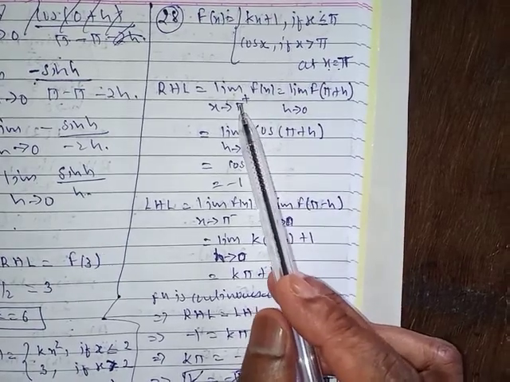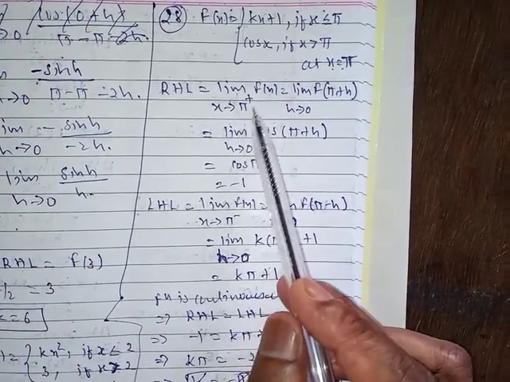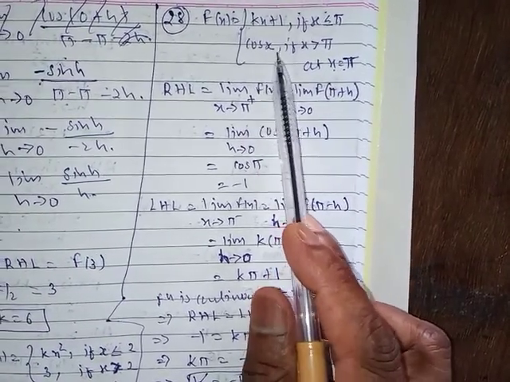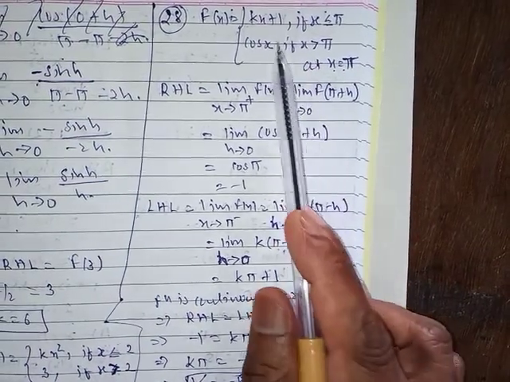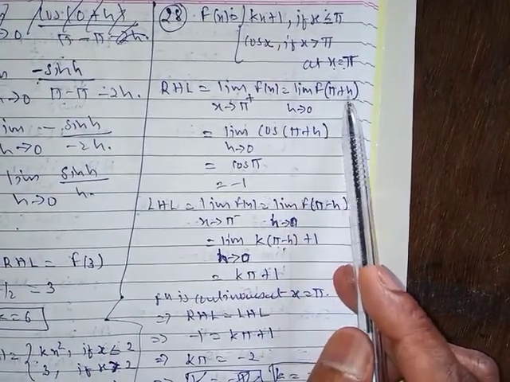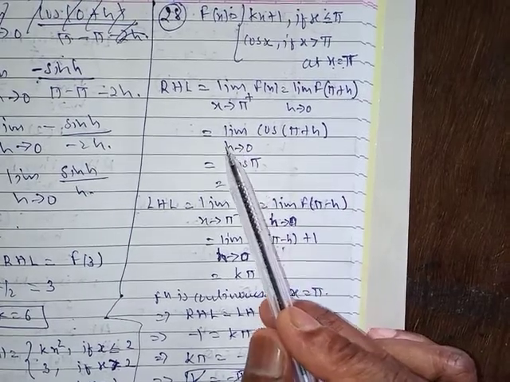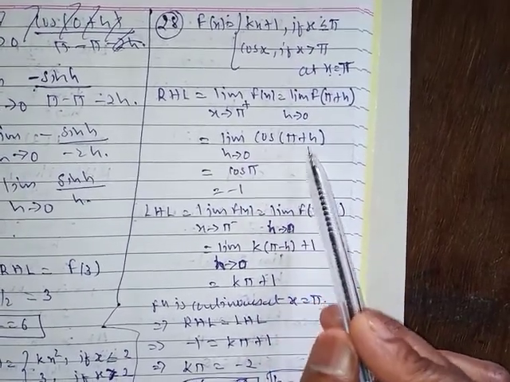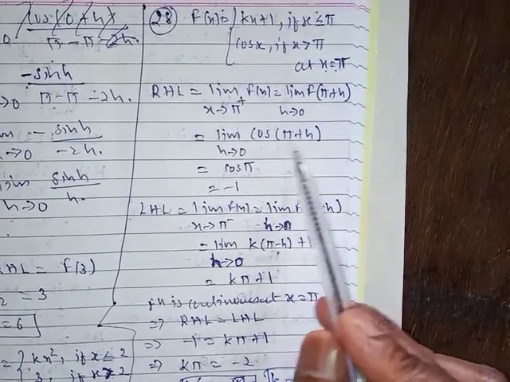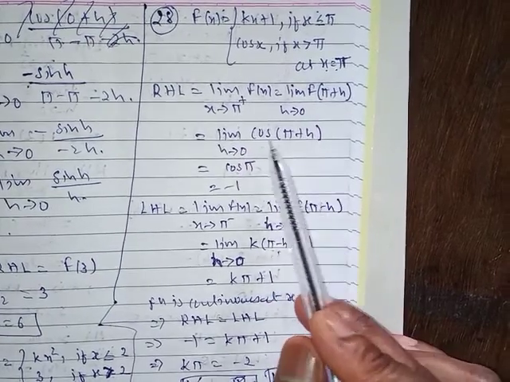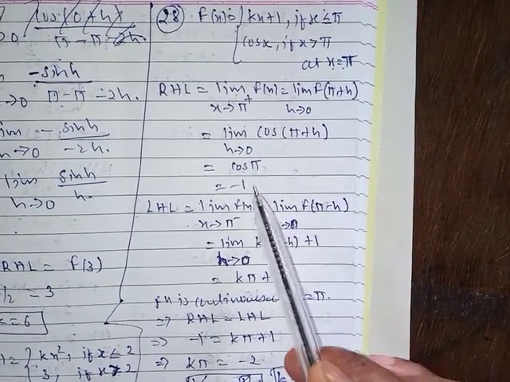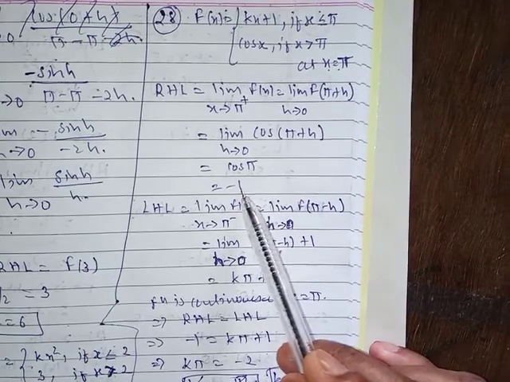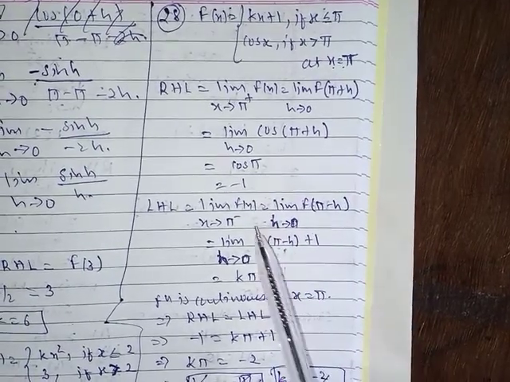Greater than, right hand side of pi. Right hand side of pi is cos x. So substitute pi plus h in place of x. So we get limit h tends to 0 cos of pi plus h. So if you substitute the limit, what do we get? Cos pi. And what is the value of cos pi? Cos pi is minus 1.